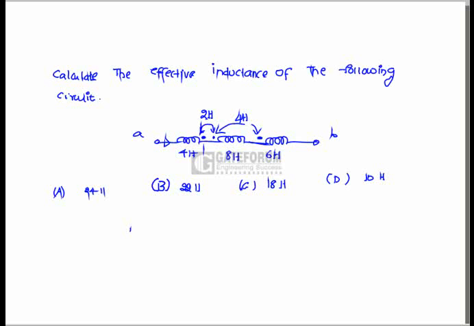Question is, we have to calculate the equivalent inductance or effective inductance between the terminals A and B. That is given as follows. L effective equals L1 plus L2 plus L3 minus 2M12 plus 2M23. The sign of the mutual inductance is decided by how the current is entering and leaving. If we consider inductances L1 and L2, in inductance L1 the current is leaving, whereas in inductance L2 current is entering.